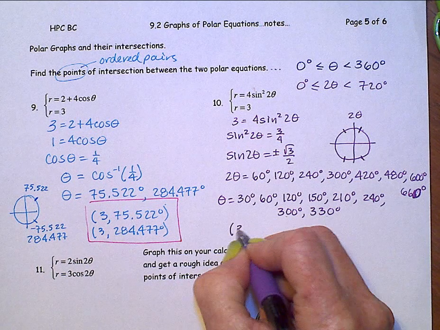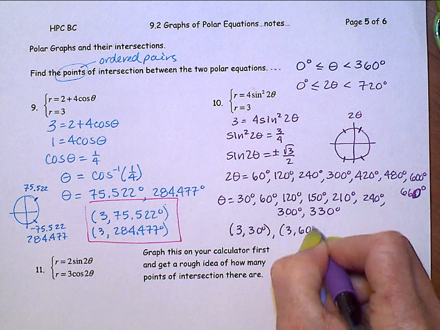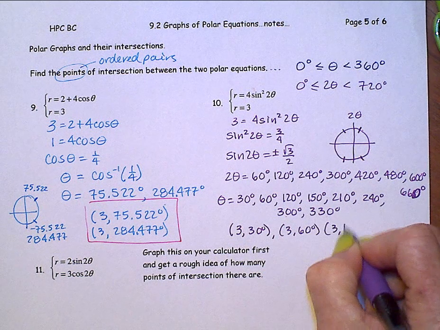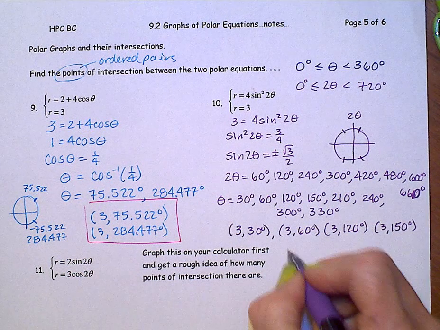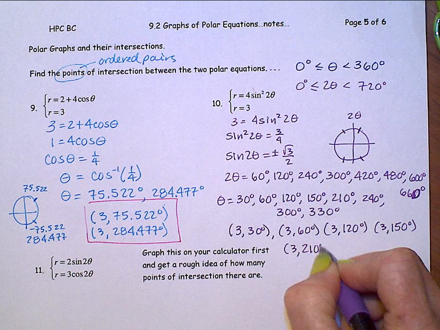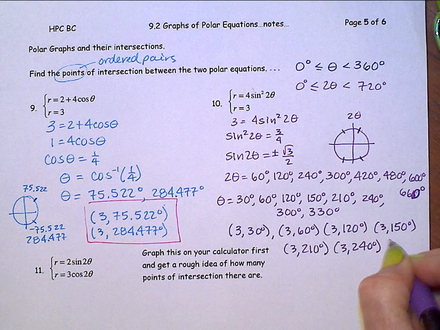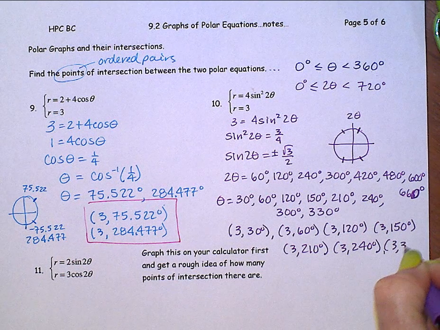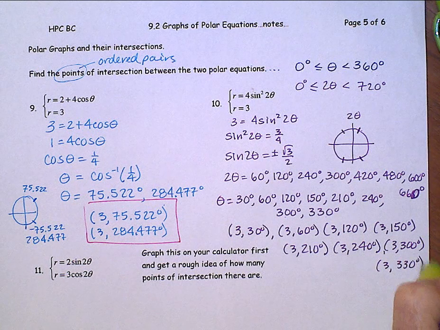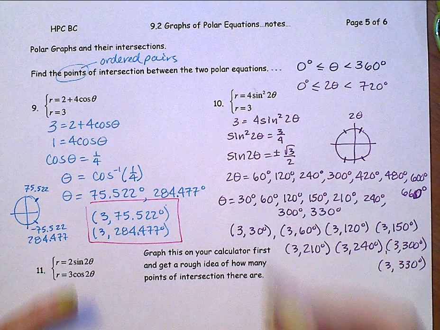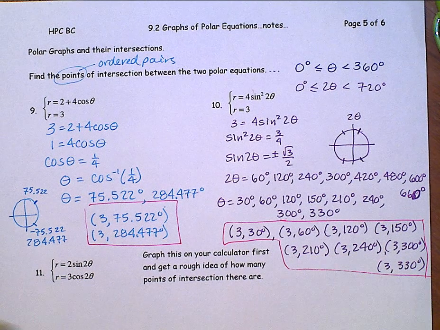So if we list them all: (3, 30 degrees), (3, 60 degrees), (3, 120), (3, 150), (3, 210), (3, 240), (3, 300), and (3, 330). Whew. So your final answer here is those 8 points of intersection.